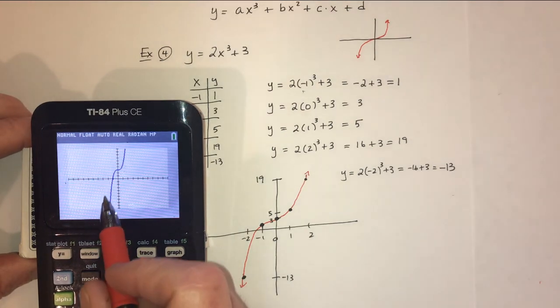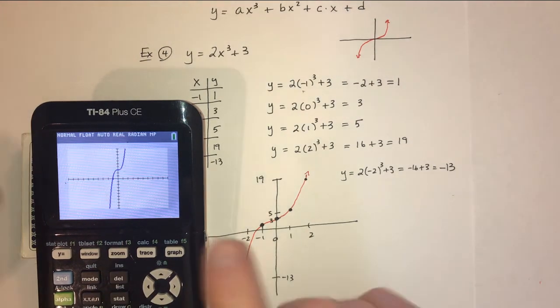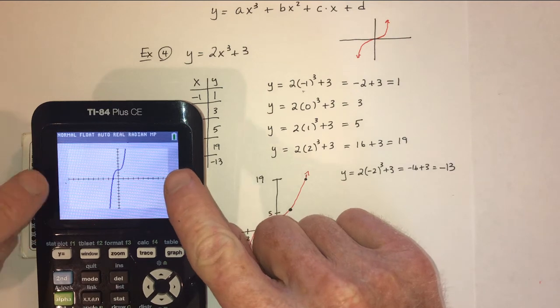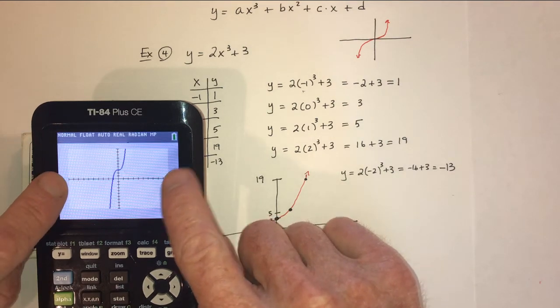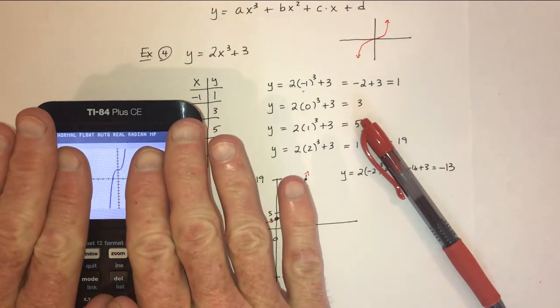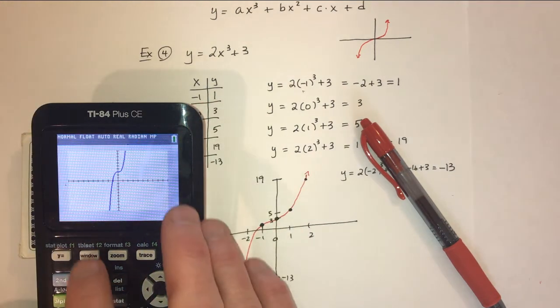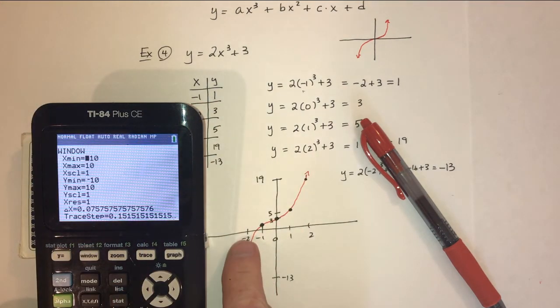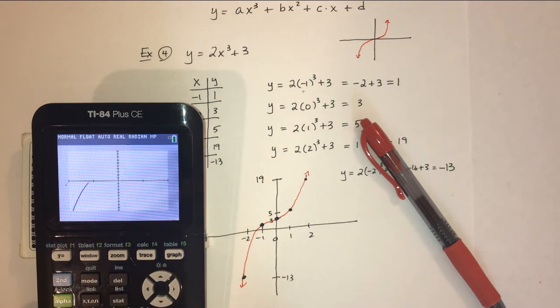Well, other than they used blue and I used red. Also, this window is going out from negative 10 to 10. And mine is just looking at that part. So if I adjust, mine goes from negative 2 to 2. So have the x's go from negative 2 to 2. Then you'll see that it now looks more like my graph.